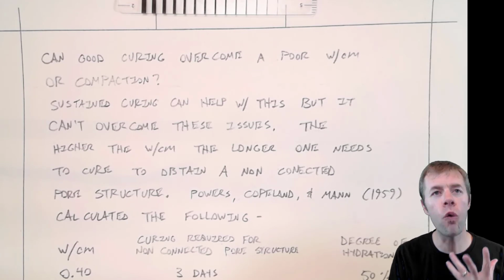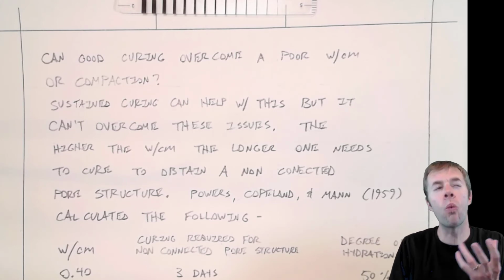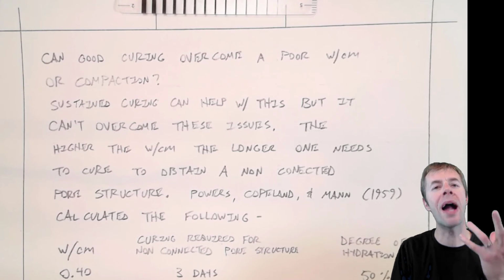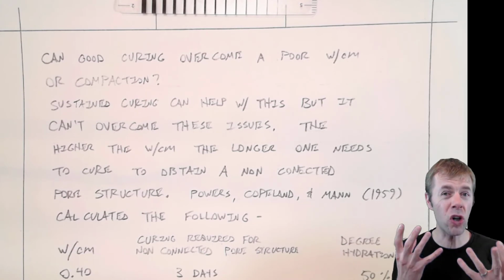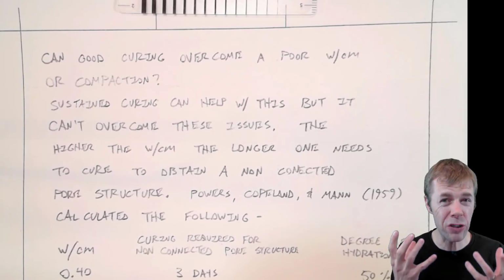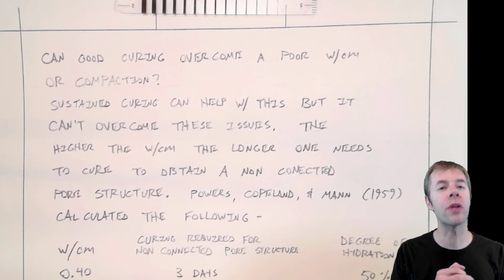It can only take you so far. It can't overcome a lot of these major issues. They're just too huge. Water cement ratio is an order of magnitude change. Huge voids inside of our concrete are, again, an order of magnitude problem. Curing can help us incrementally get better, not order of magnitude get better.